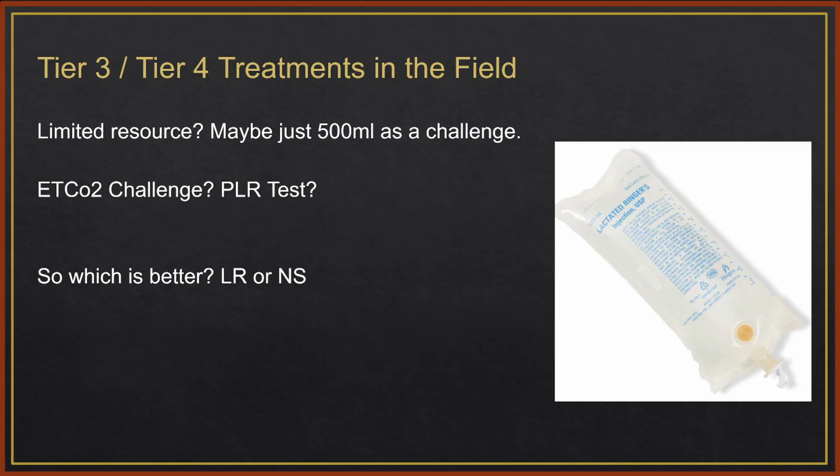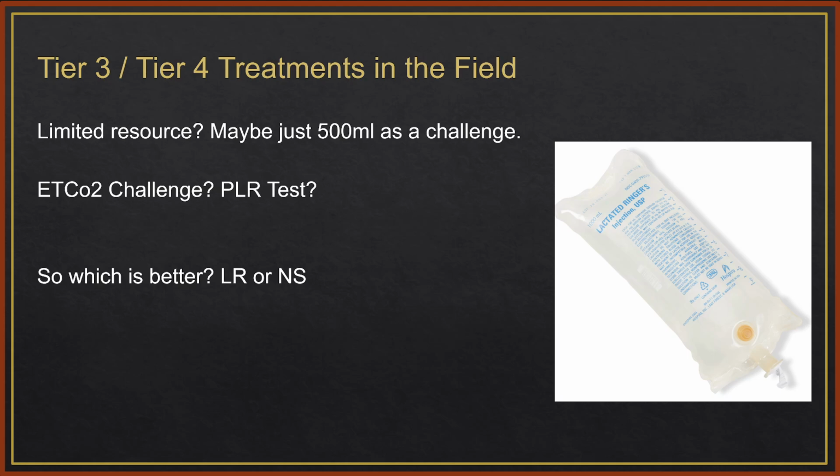And so, if we are limited in the environment, maybe we should be doing 500 milliliter boluses, start vasopressors early, get that patient hemodynamically stabilized, and then wean them off the vasopressor if we need.